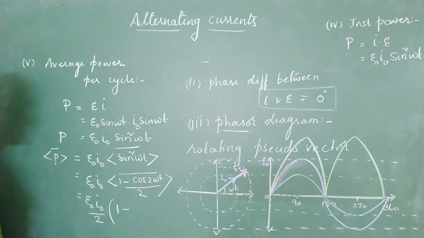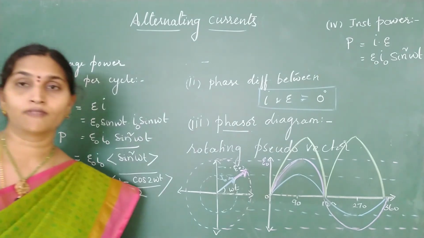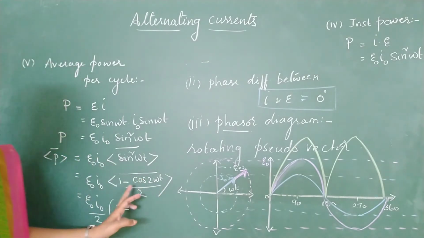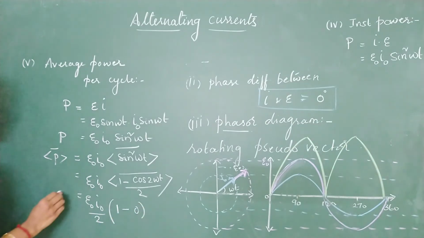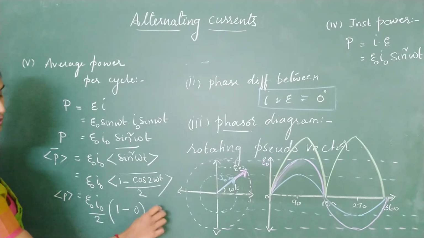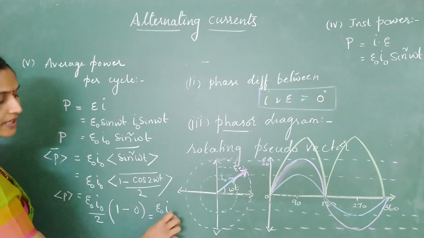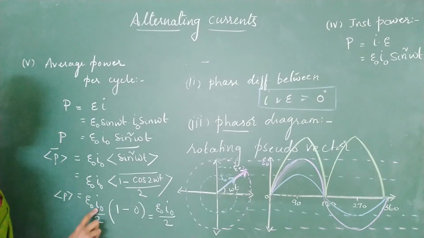I told you average of any sine function or a cosine function for one complete cycle is 0. So average of cos 2 omega t will become 0. So the average power dissipated for one complete cycle is equal to E naught I naught by 2, the peak value of EMF into peak value of current divided by 2.